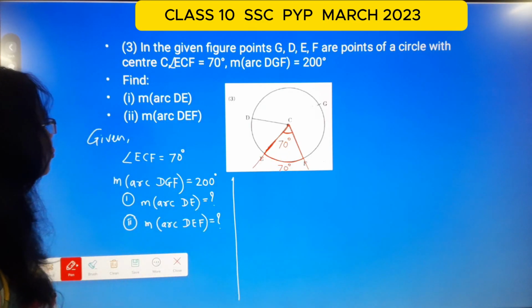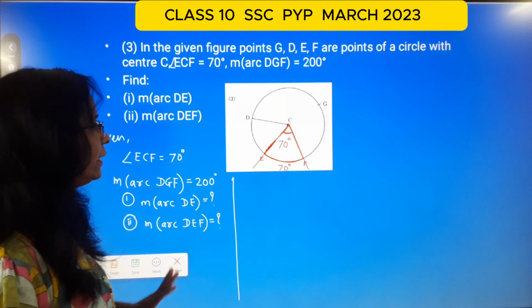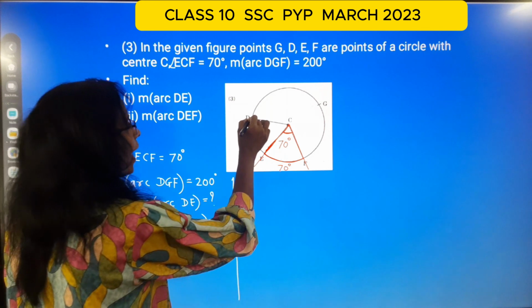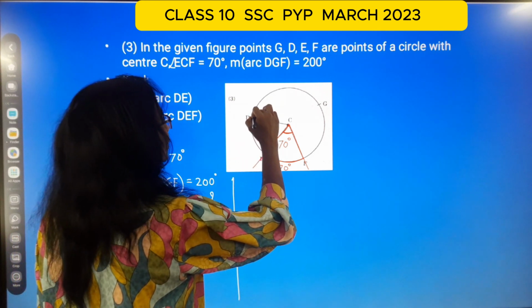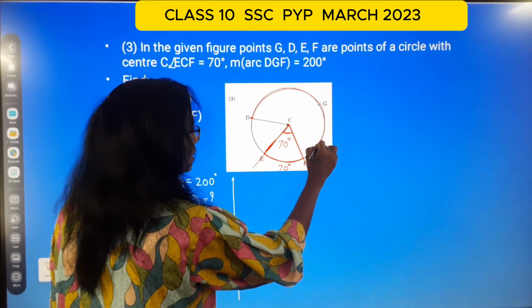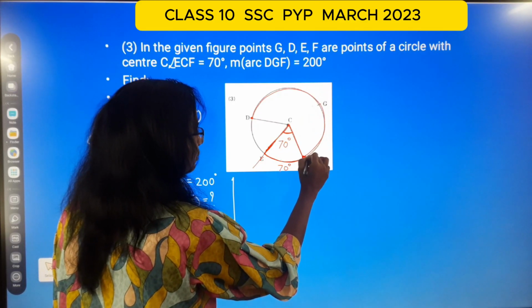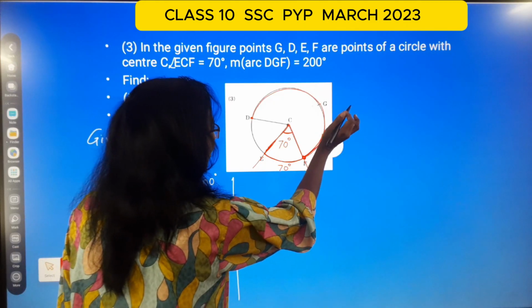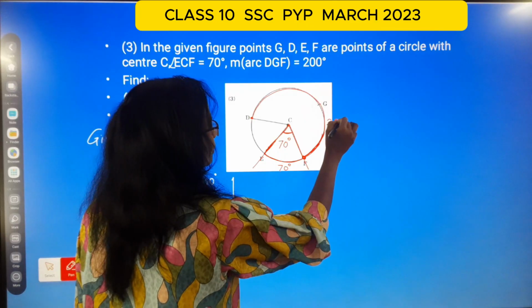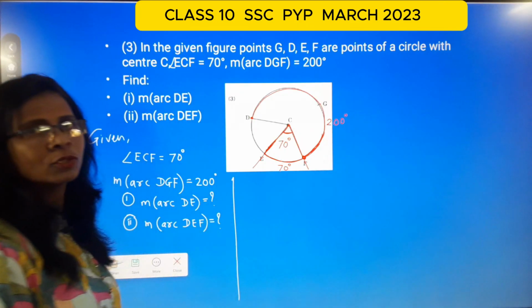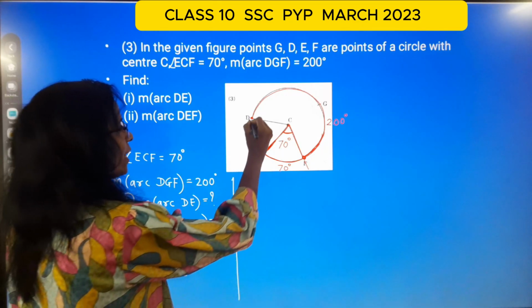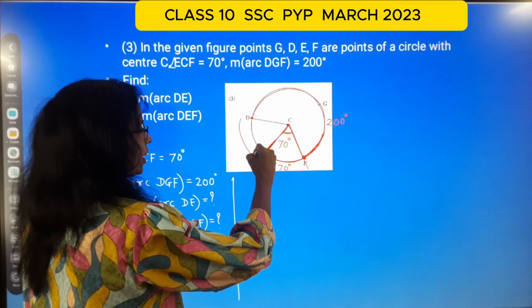Okay students, so here this angle is 70 degree, and the arc DGF is given, and that arc is equal to 200 degrees students. So we will have to calculate this major arc DE.